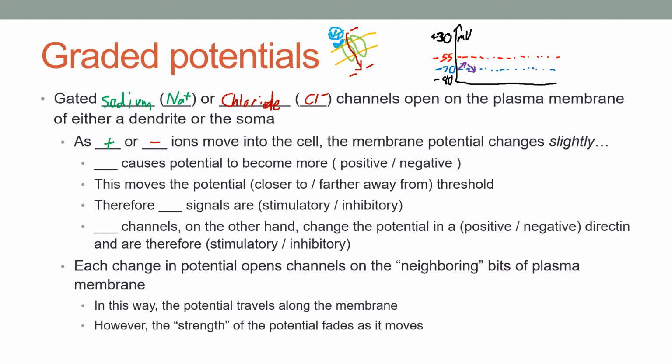So a positive ion causes the potential to become more positive inside the cell. So that would be one of these excitatory potentials. This moves the potential closer to threshold, therefore positive signals are stimulatory. That's another word for excitatory.